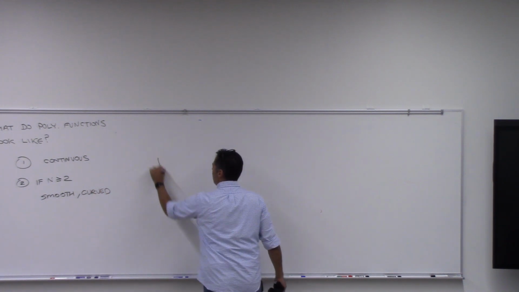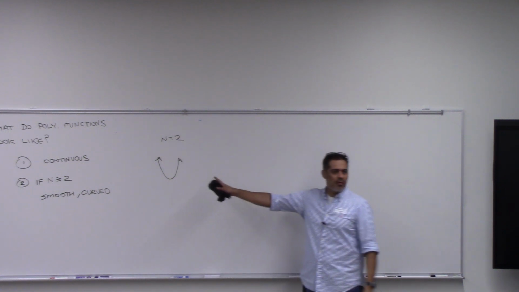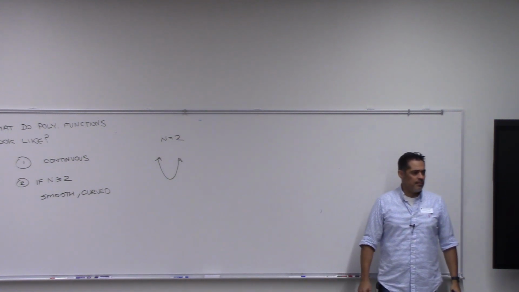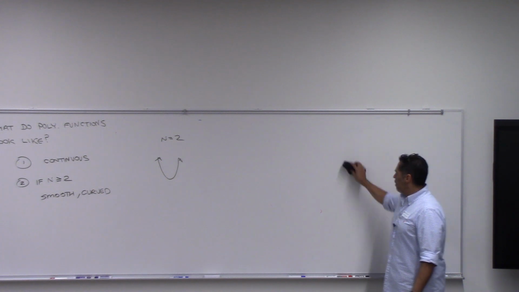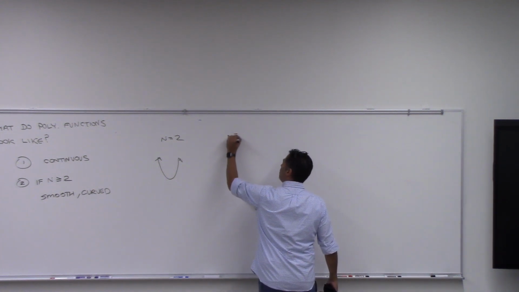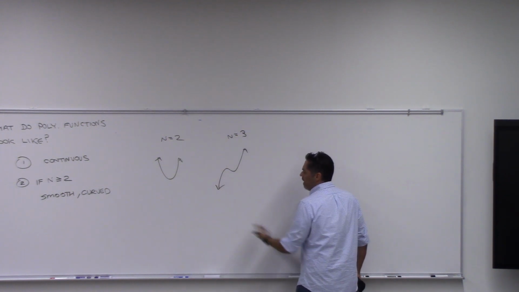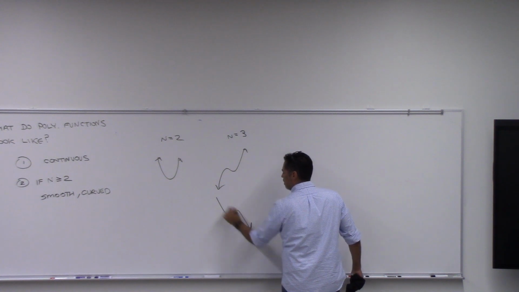So think about a parabola. Is that smooth and curved? That's when n is 2, it'll look like that. Now we're going to look at these next class, but I'll show you. If n is 3, it's probably going to look like this, something like that, or it can maybe look like this.